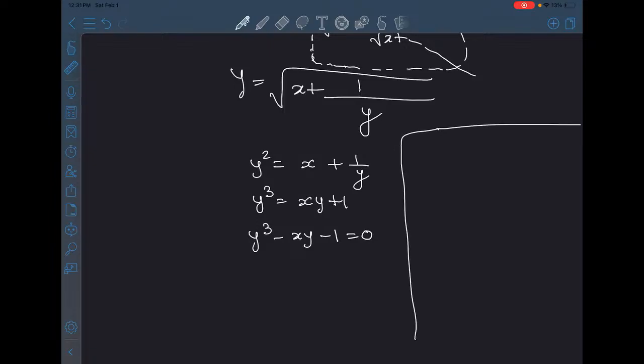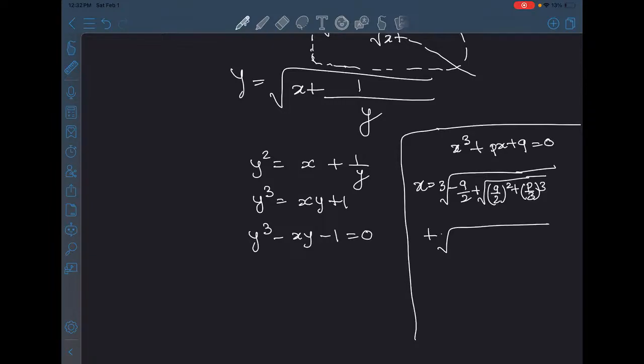If you have x cubed plus px plus q equals 0, then our x would be the cube root of negative q over 2 plus the square root of (q over 2) squared plus (p over 3) cubed, and then plus the cube root of negative q over 2 minus the same square root expression, (q over 2) squared plus (p over 3) cubed.